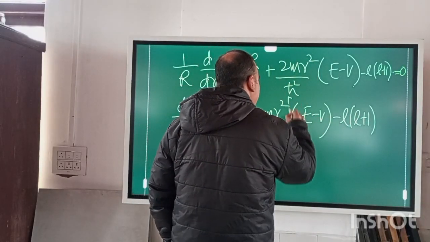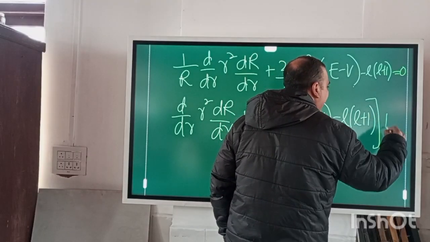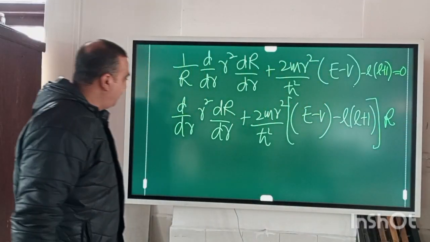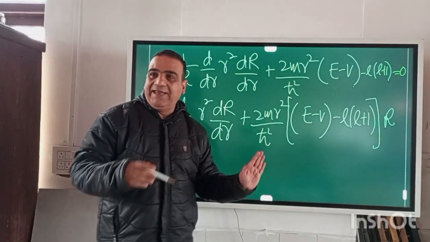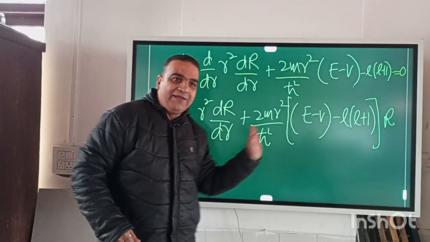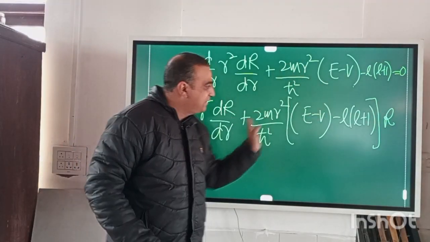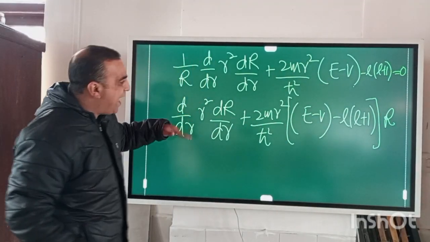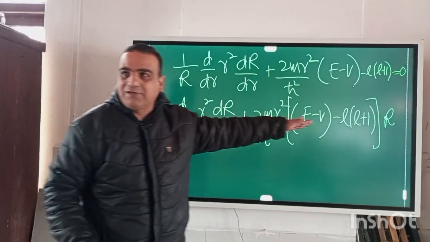Here I can multiply this whole thing by r, am I right? I have taken this r, taking the whole thing on the right hand side, you can take capital R and multiply this with r.